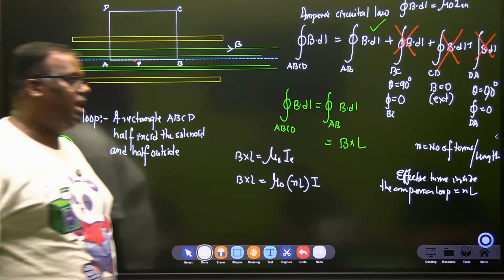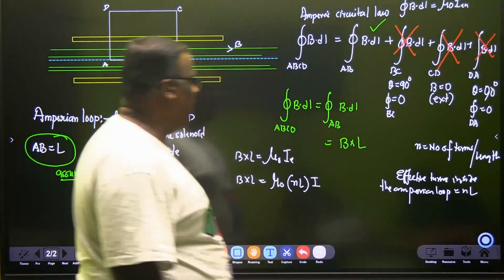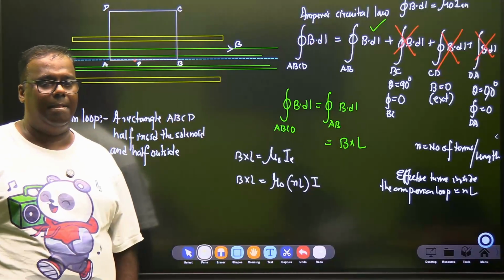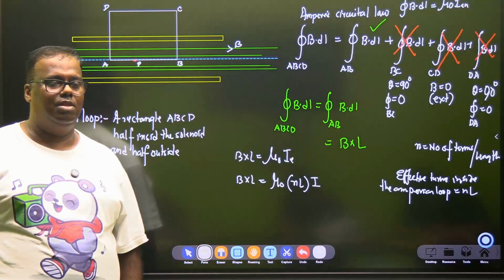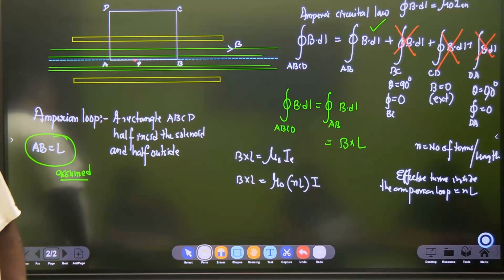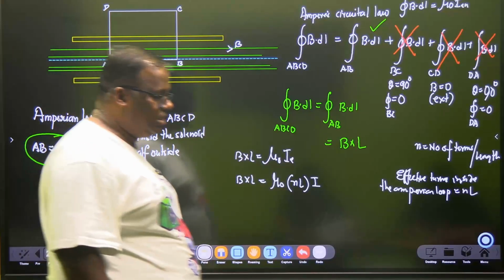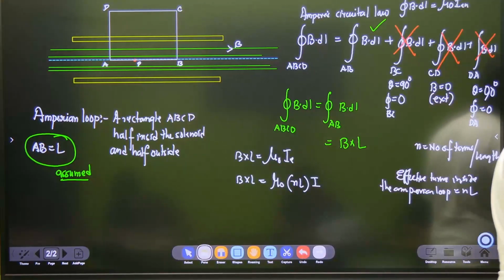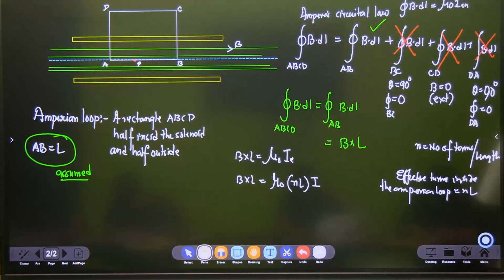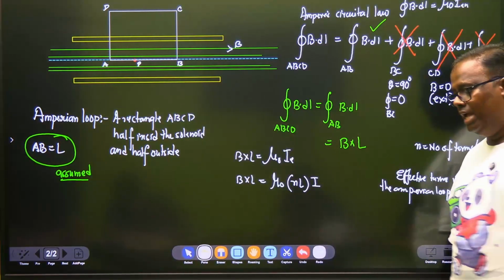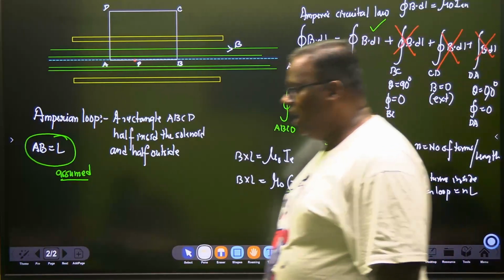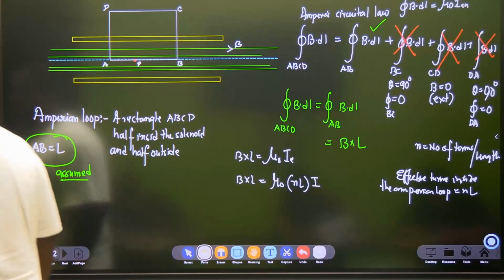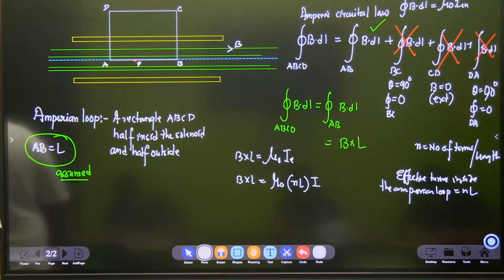Each turn carries a current, capital I. Correct? P is a point on the axis of the solenoid. And we are deriving to find the magnetic field strength at the point P.